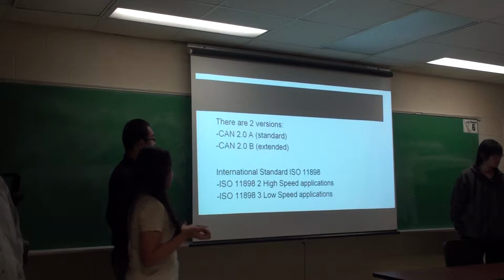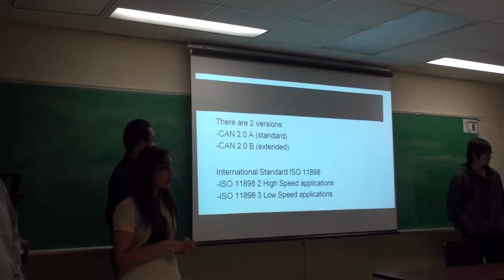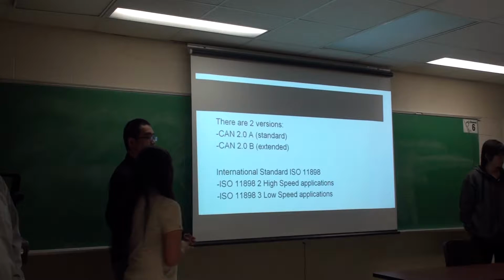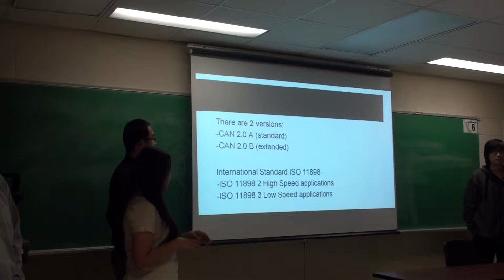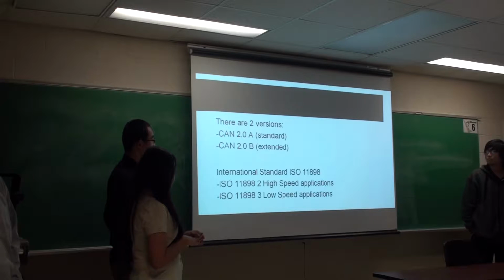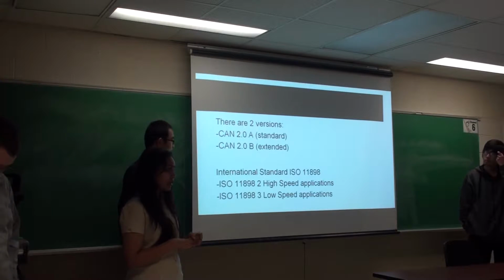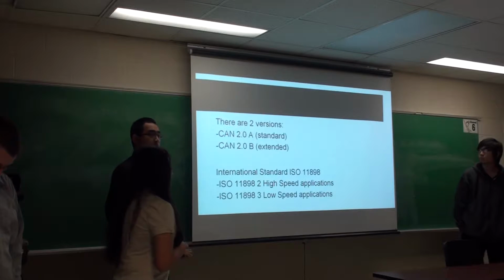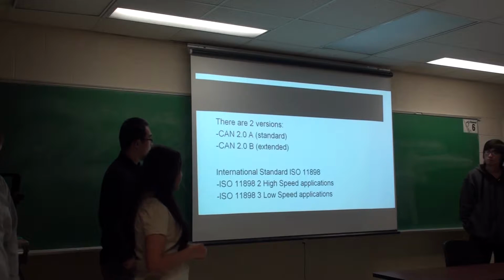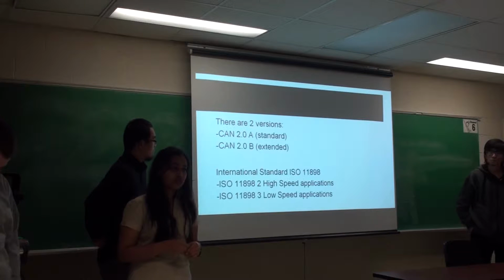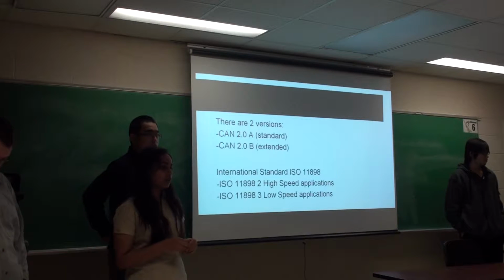So CAN 2.0B allows for more types of messages to be identified. There are also two international standards: ISO 11898-2, which is for high-speed applications at 1 megabit per second, and ISO 11898-3 for low-speed applications at 125 kilobits per second.